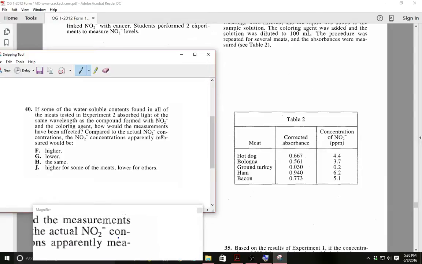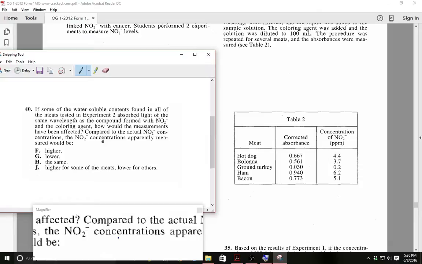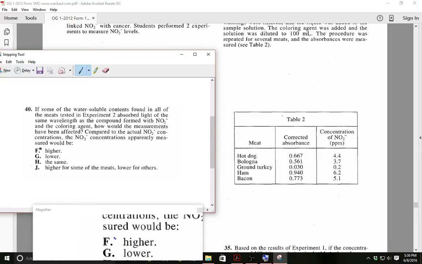Compared to the actual nitrite concentrations, the nitrite concentrations apparently measured would be higher, because if there are water-soluble contents that absorb the light, and this device is used to measure the concentration in parts per million, then water-soluble contents would only cause the measured absorbance to be higher.